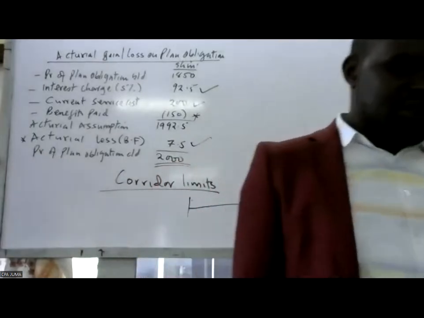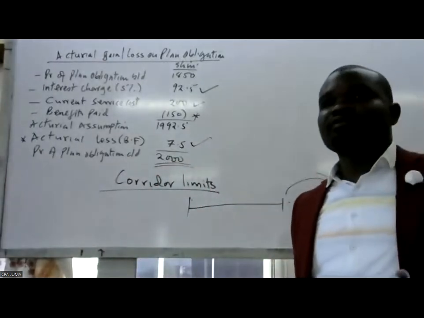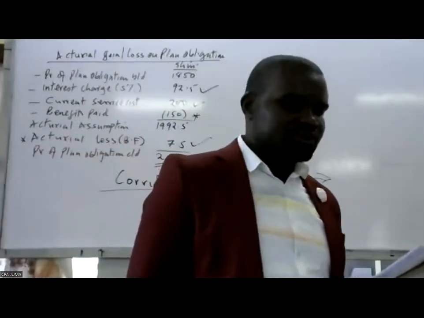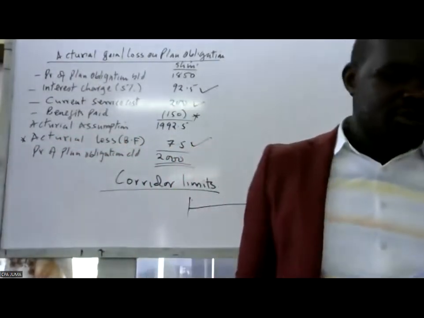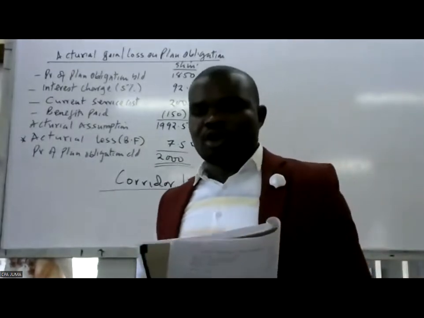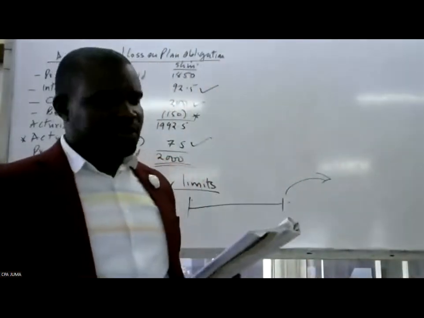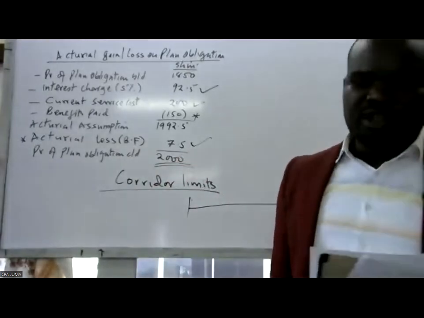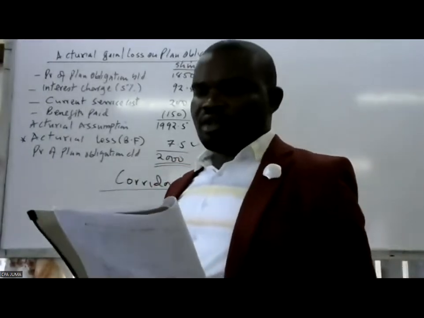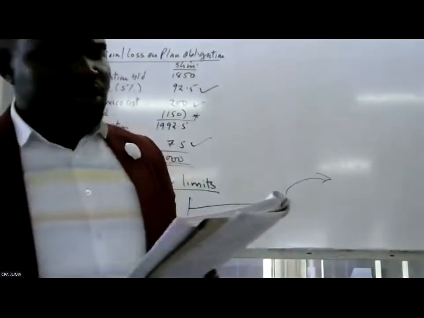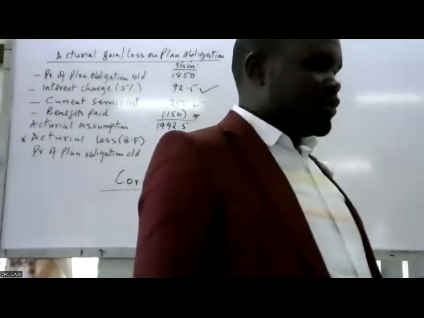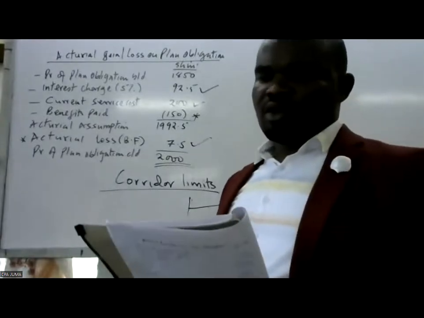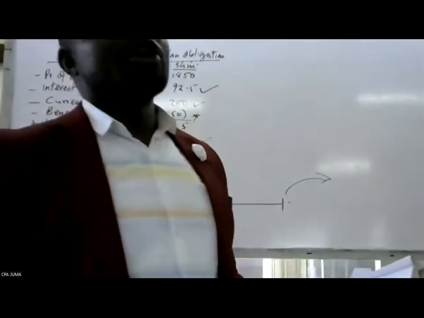The amount to be recognized in profits should be that amount in excess of the corridor limits.